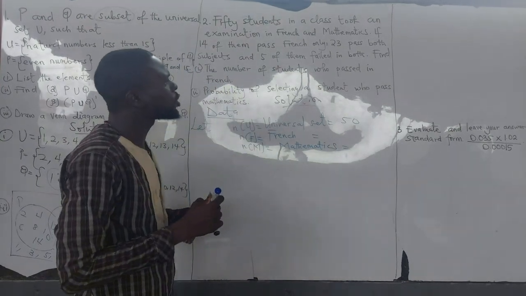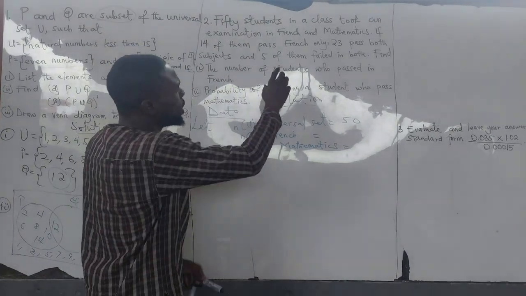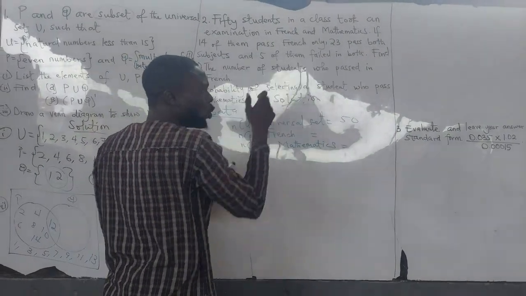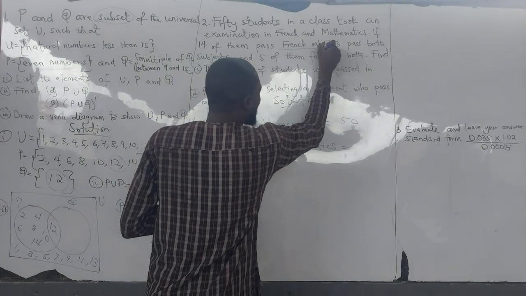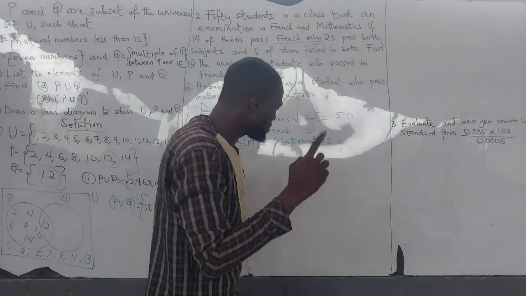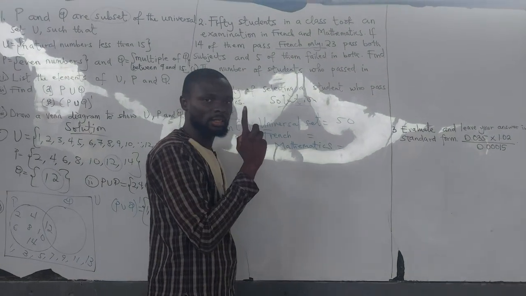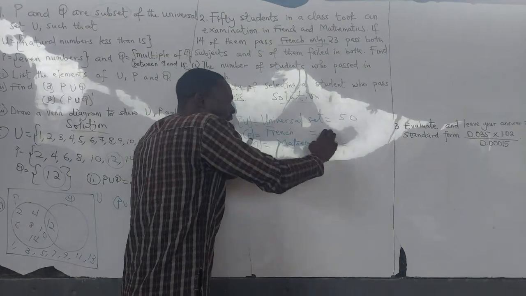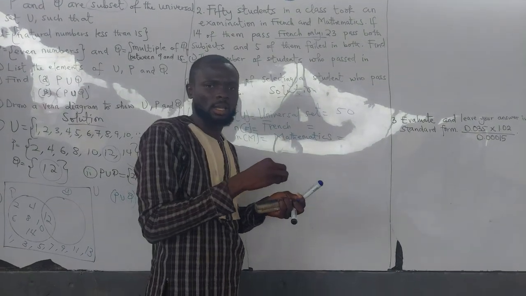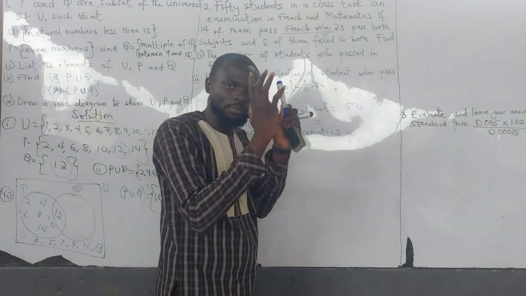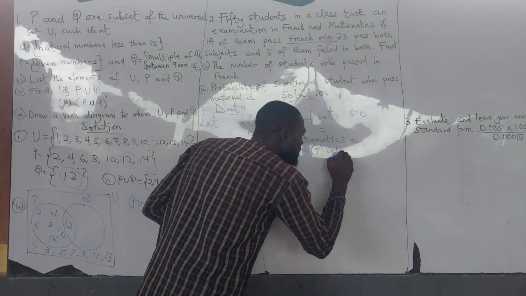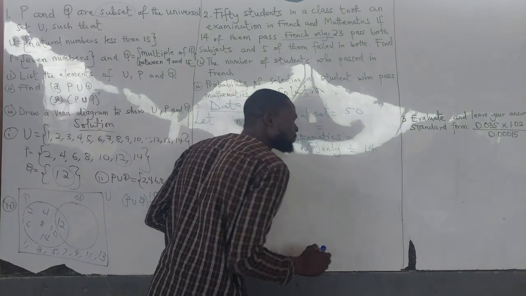Now let's take note of something here. You have been given, if 14 of them passed French only. This word, French only, is not the same as the French we have written here. The French we have written here includes some students who also did mathematics. But French only is specific. So we also have to write the number F only, and the quantity given is 14.